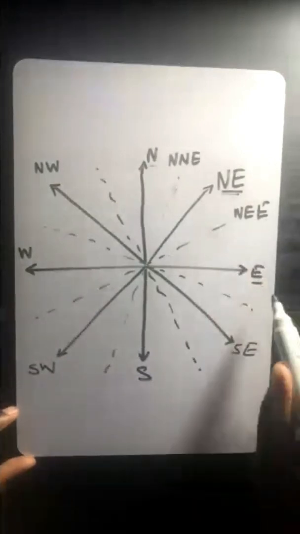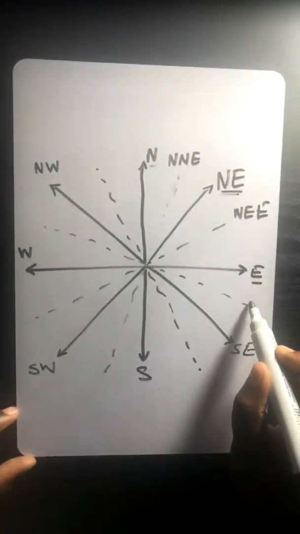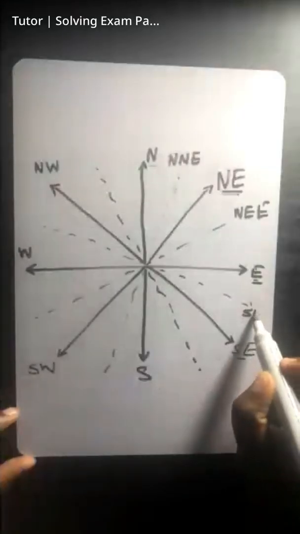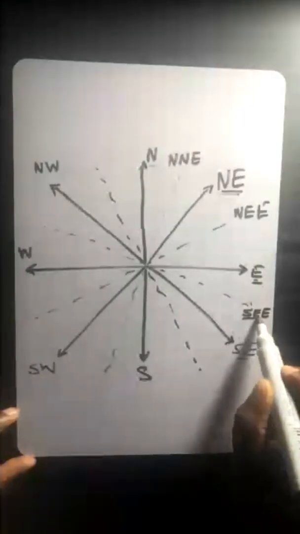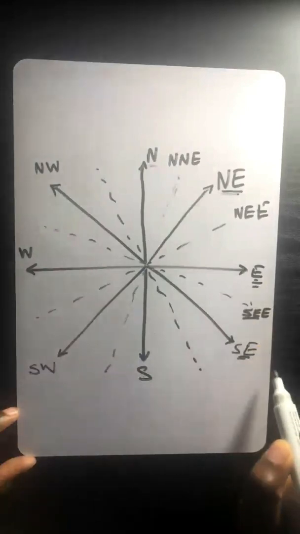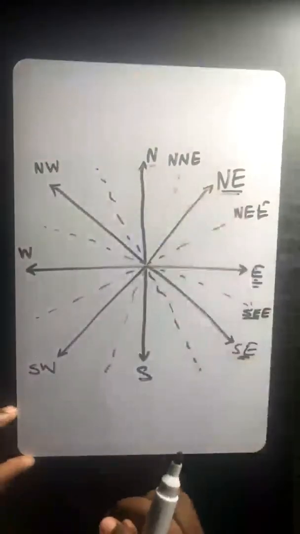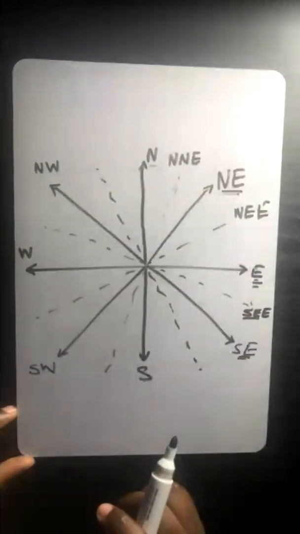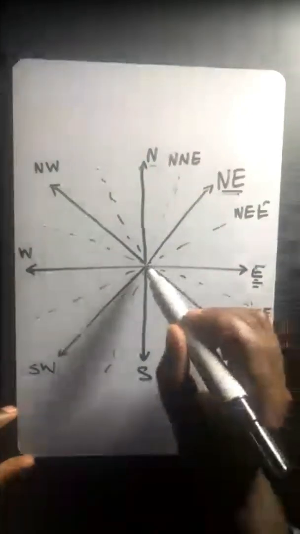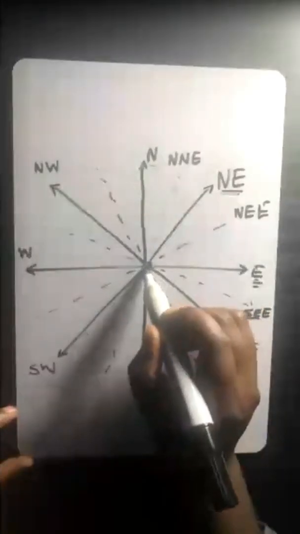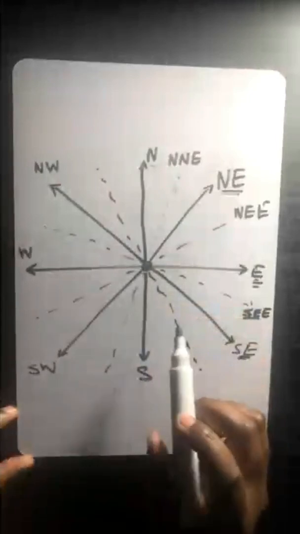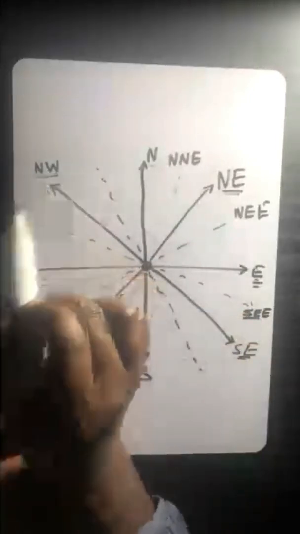So you just do the same. Guys, this line is between that and that. So I think you can call it SE because it's between SE and also that E over there. You do the same for all of these lines. So I just wanted you guys to be aware that when we give directions, for example, if you've got a force in that direction originating from the origin there, in terms of the direction, you can say it's northeast.